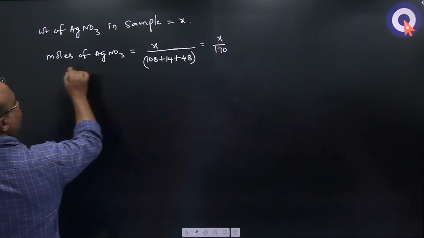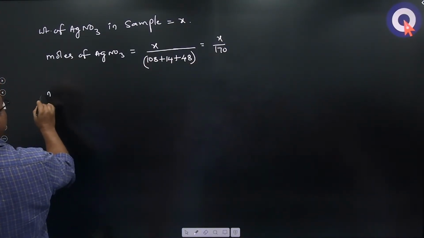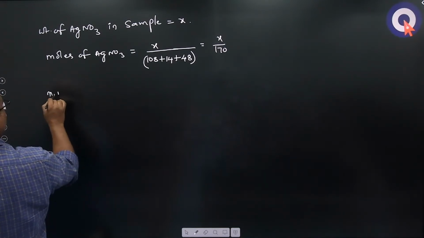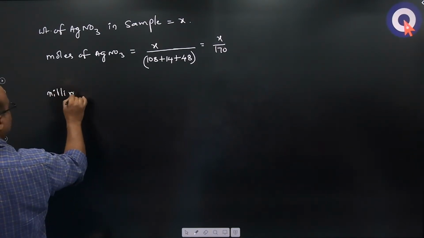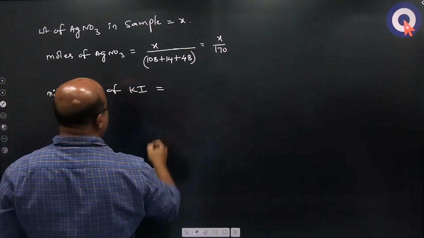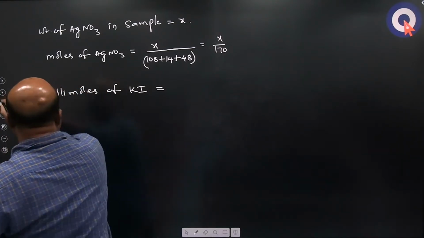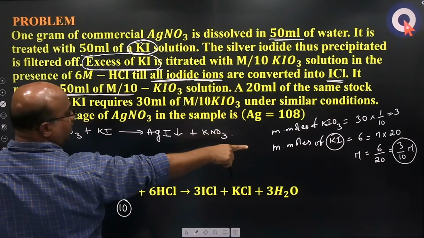Number of moles of silver nitrate. So let us say millimoles. So millimoles of KI, which is of a particular concentration, 3 by 10. That is what we got, 3 by 10. Clear?